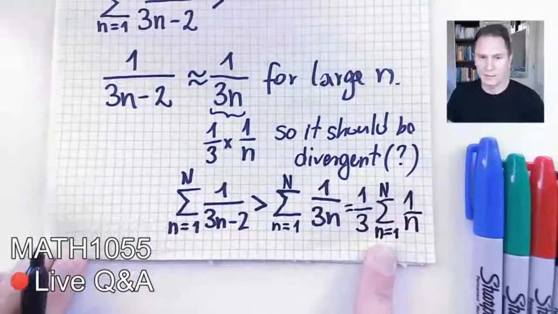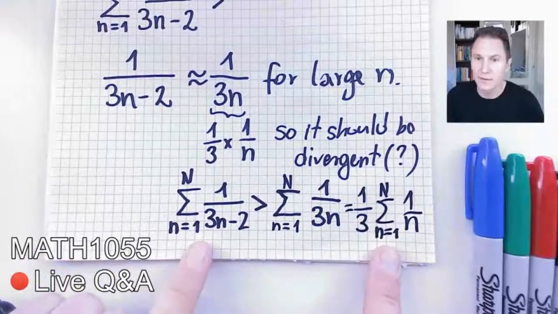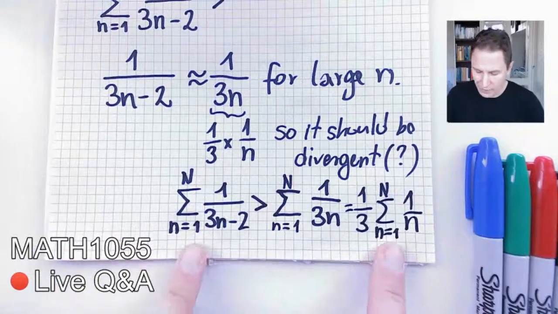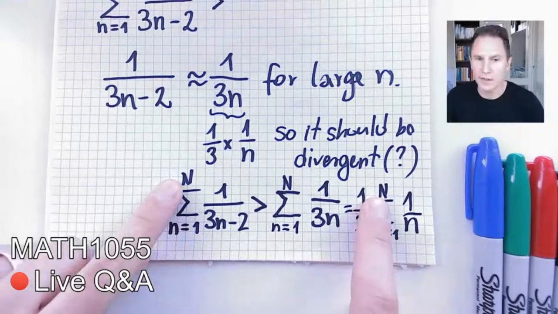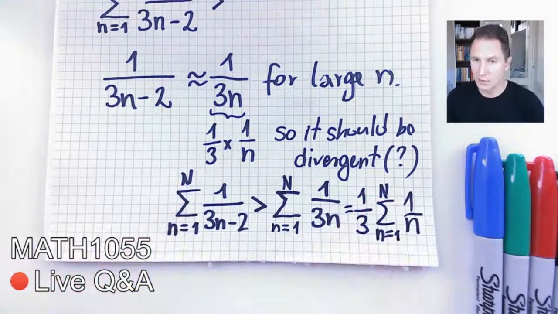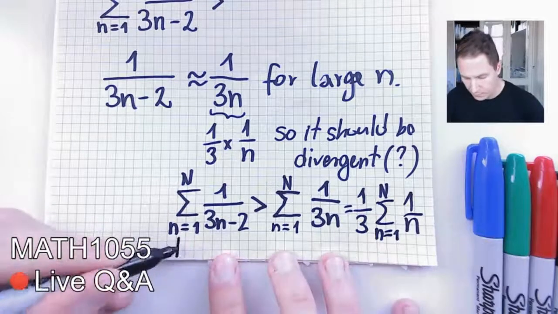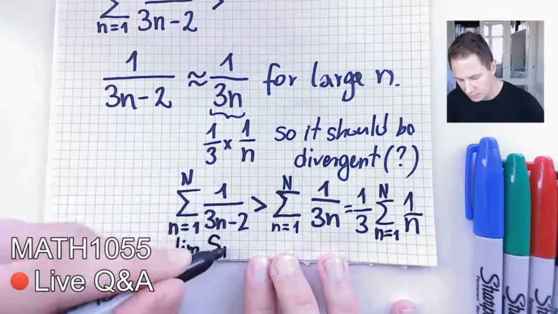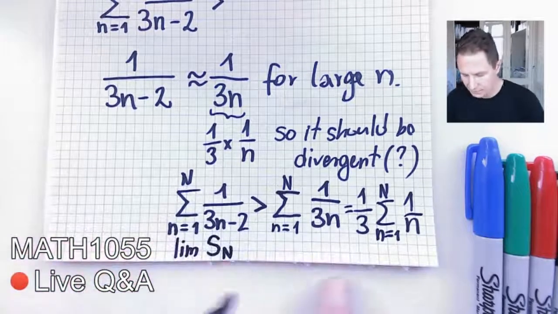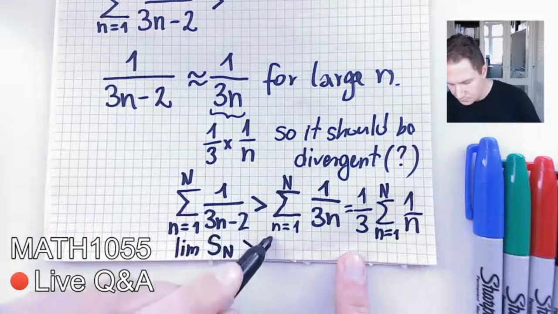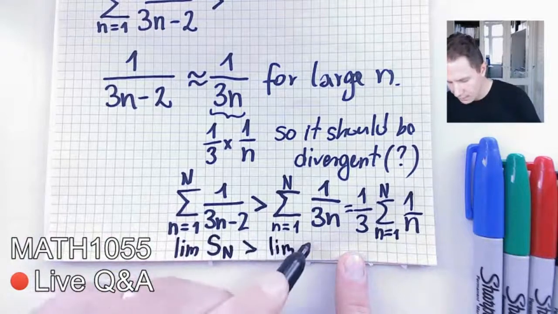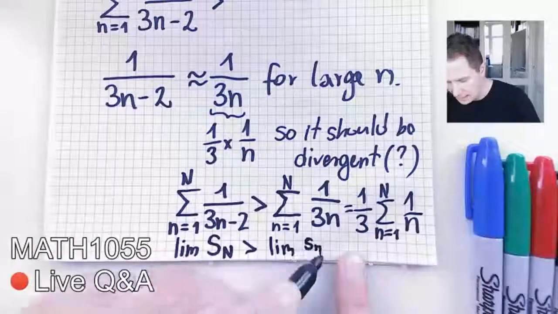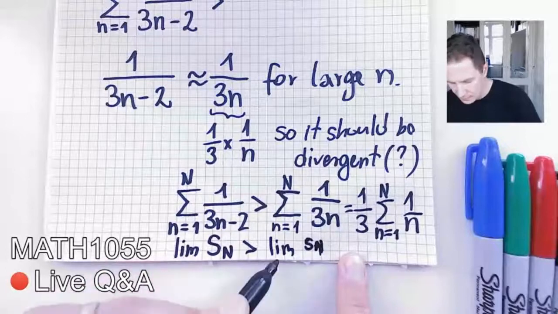And this is basically the proof, because then if we take capital N to infinity, so we take the limit of the partial sums, let me denote this one by little s_N and the other one by capital S_N.